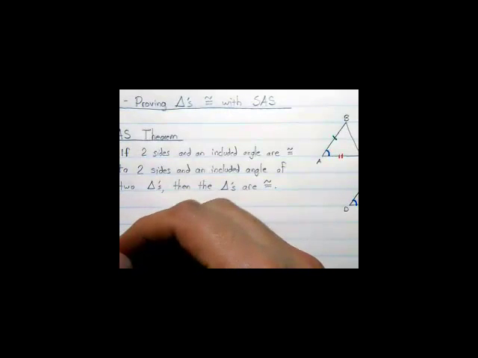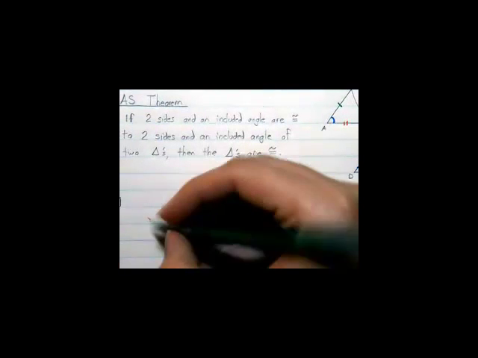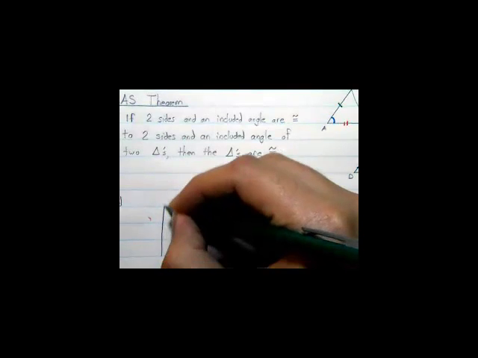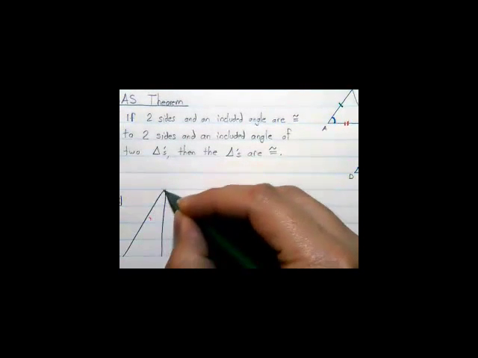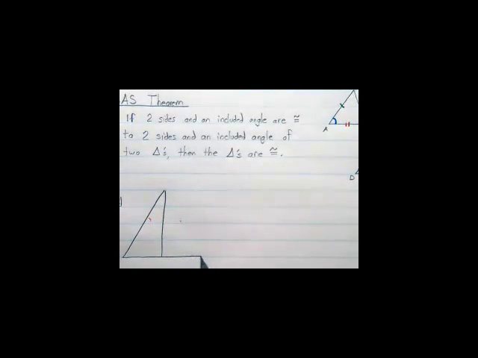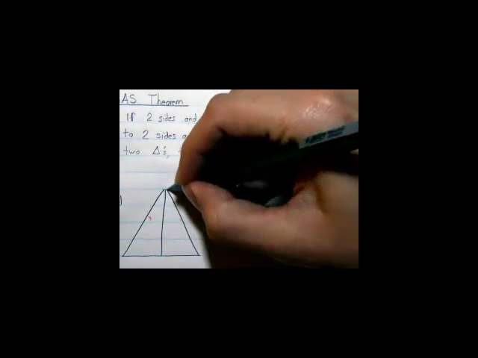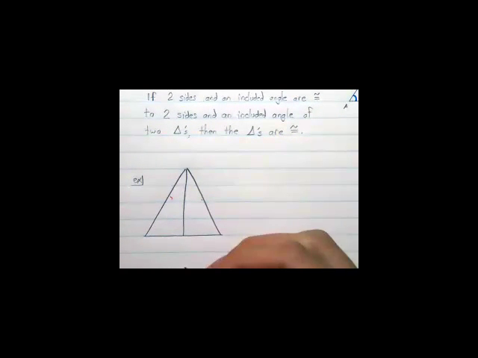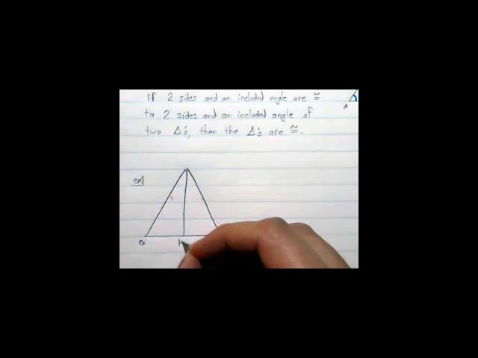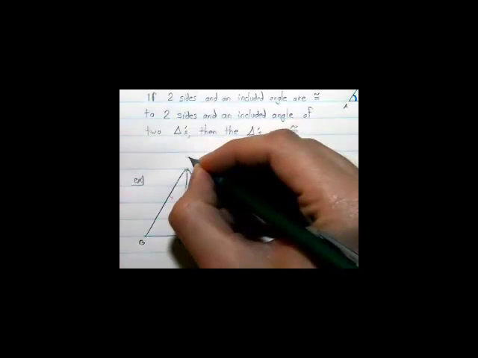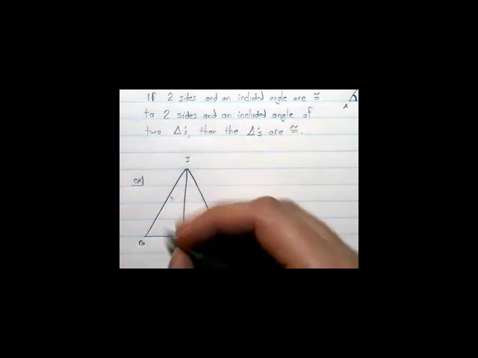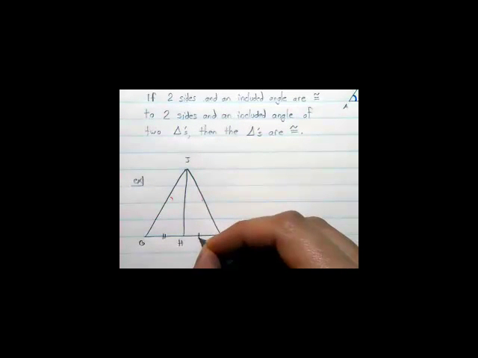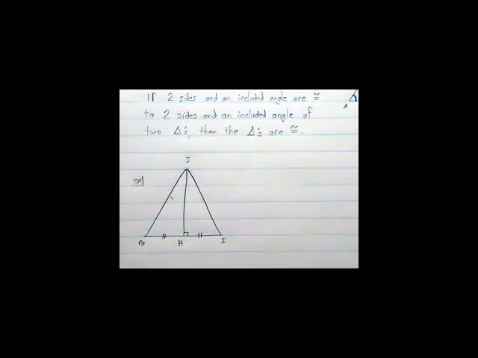So let's try it once. Okay, so let's say we got those two. Where are we at in the alphabet here? G. All right, and let's say that's all the information you have about those two triangles.